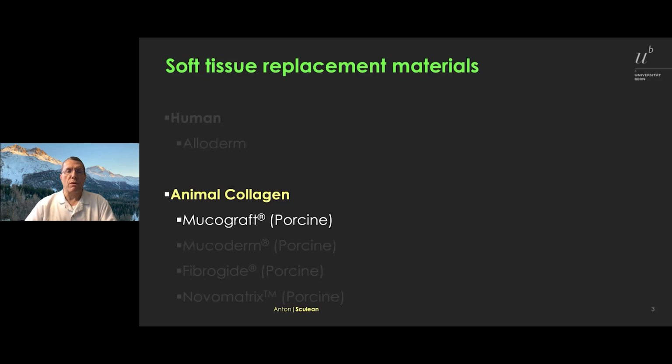So, since many decades, colleagues and also our group have worked on testing and developing improved soft tissue replacement materials that have the potential to be used in certain clinical scenarios.